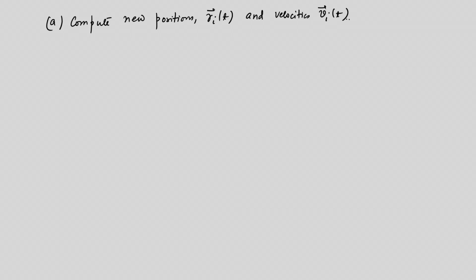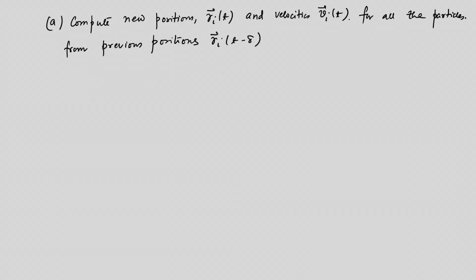So, what one wants to do with this is to compute at the subsequent times delta, 2 delta, etcetera, new positions R_i(t) and velocities V_i(t) for all the particles from previous positions R_i(t minus delta) and velocities V_i(t minus delta).